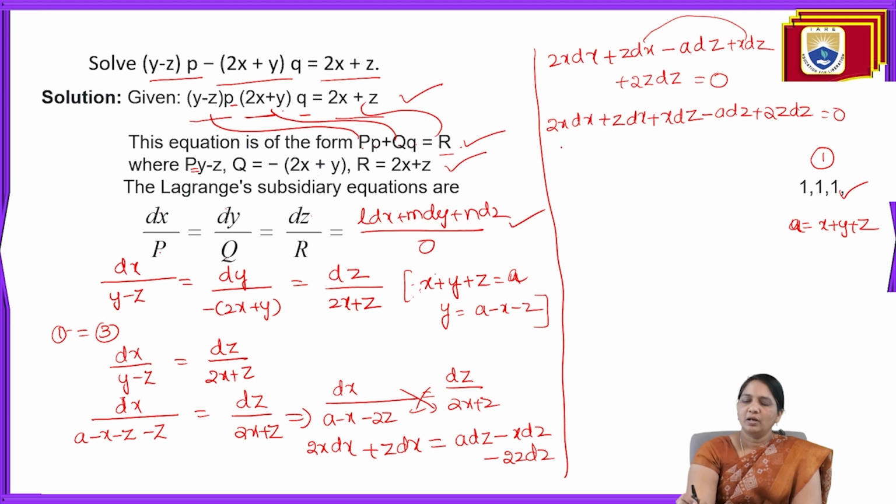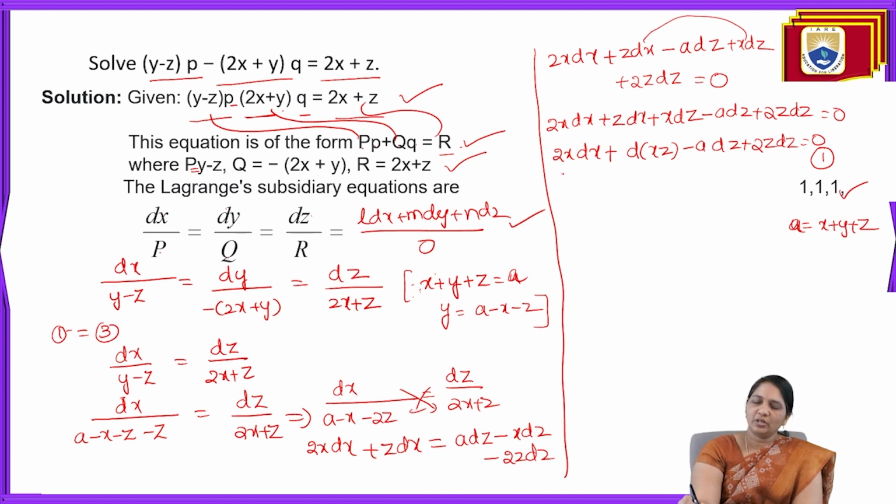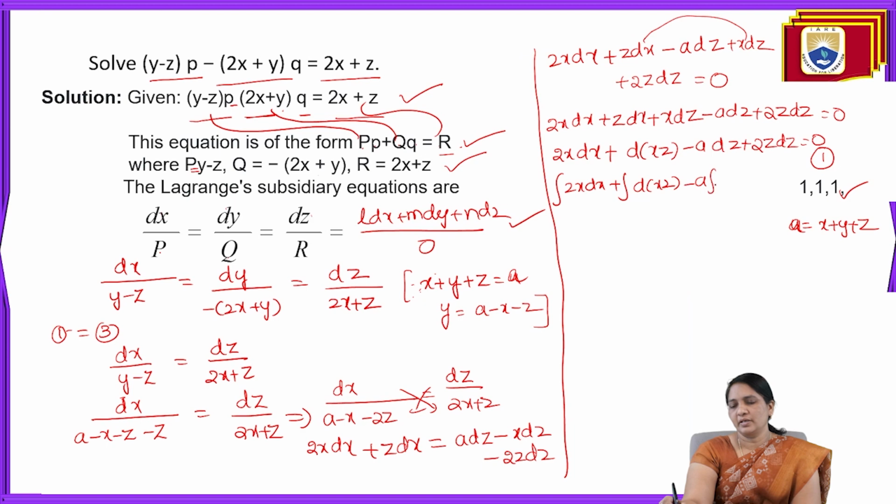So now I am going to simplify this. 2x dx plus derivative of xz minus a dz plus 2z dz equal to 0. Now I am going to integrate this one. So 2 integral x dx plus integral d of xz minus a integral dz plus 2 integral z dz equal to some c2 or some b.